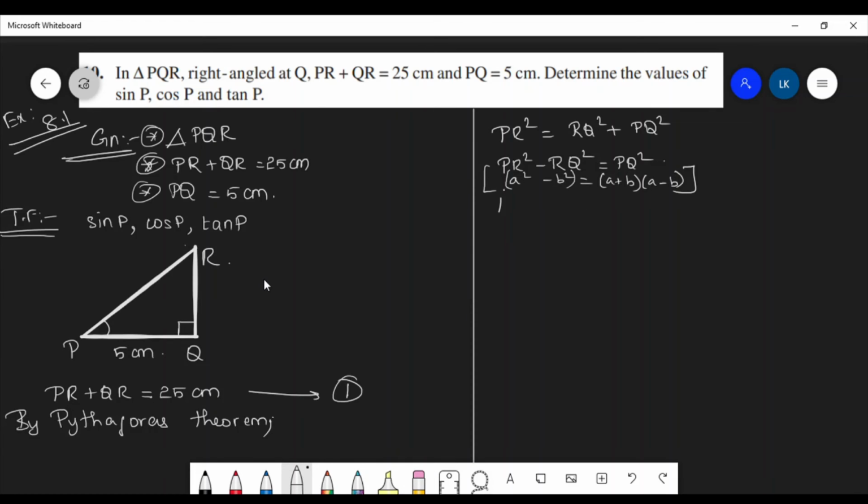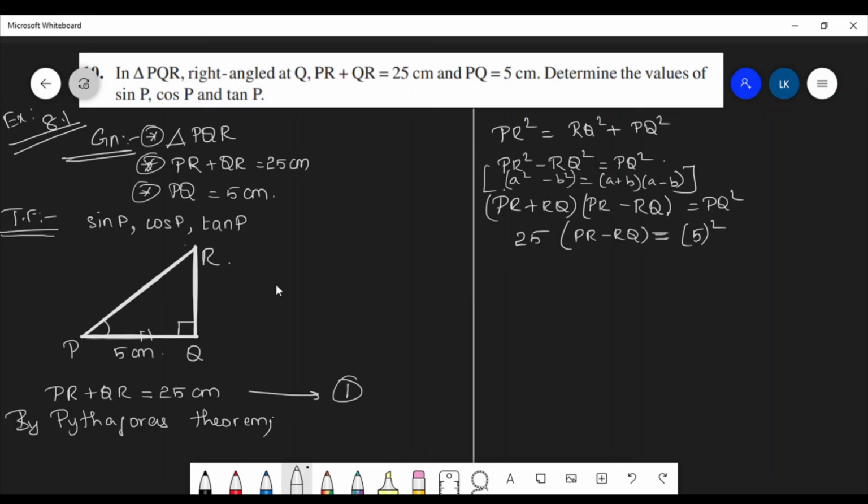Therefore PR plus RQ into PR minus RQ is equal to PQ square. PR plus RQ value is 25 from equation number 1. PR minus RQ value we don't know, just keep it as it is. And PQ value is 5 centimeter from the question.